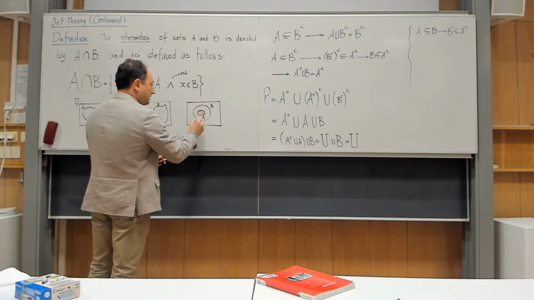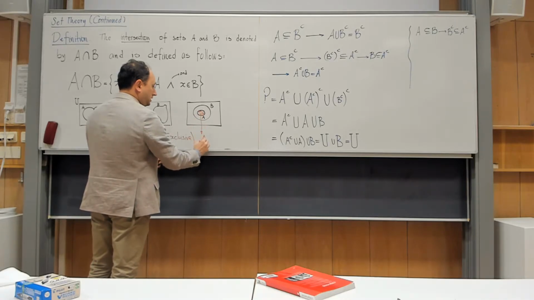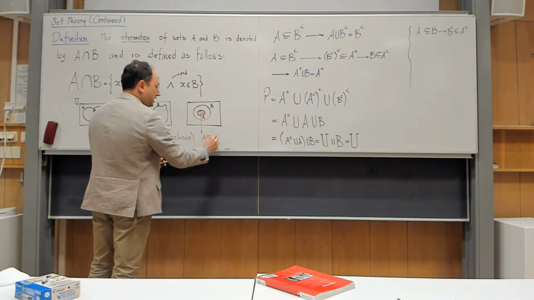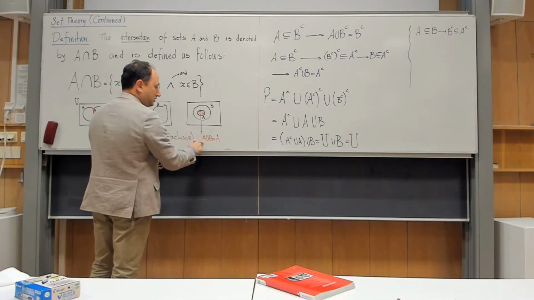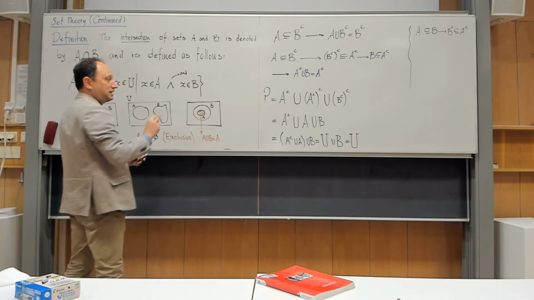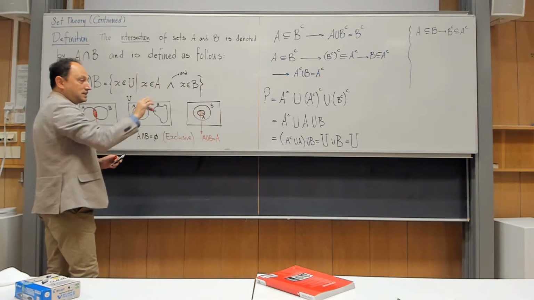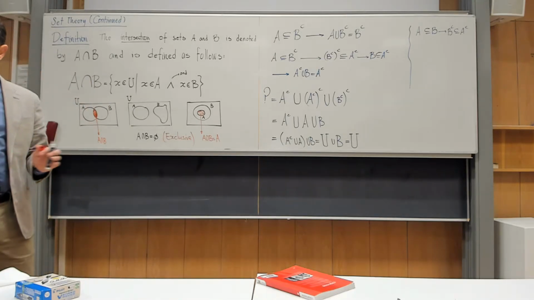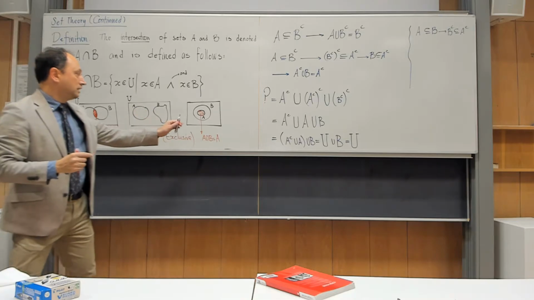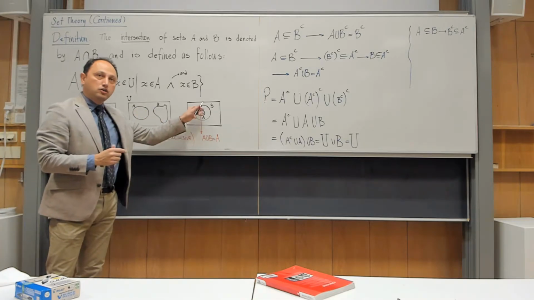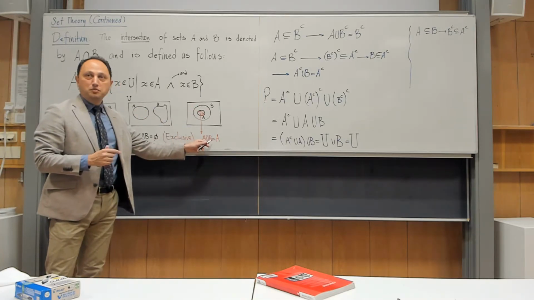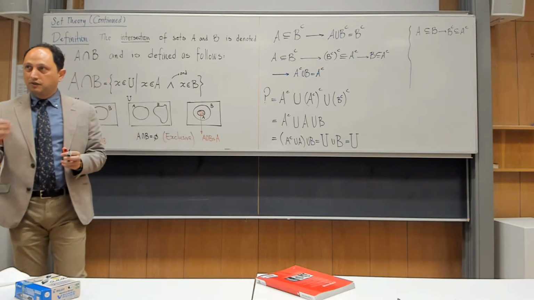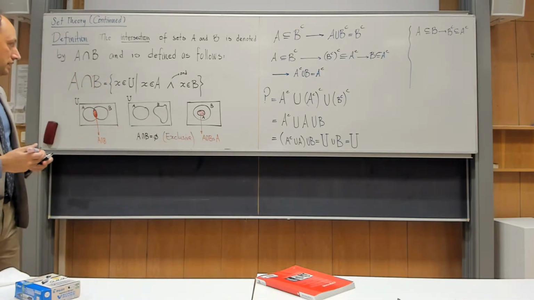In this case, A intersection B is equal to A. In the union case, if two sets are comparable, the union becomes the bigger set. But in this scenario, if two sets are comparable, the intersection becomes the smaller one. That is a property I will mention later.